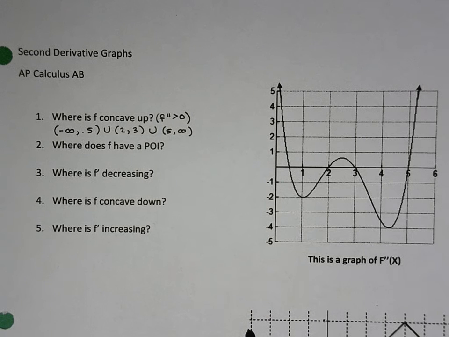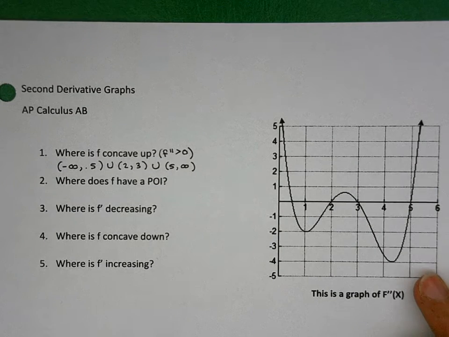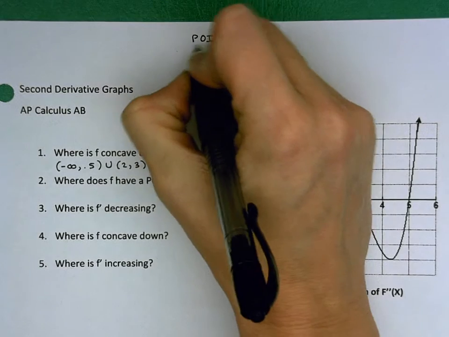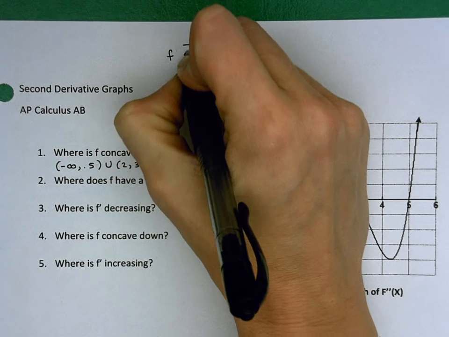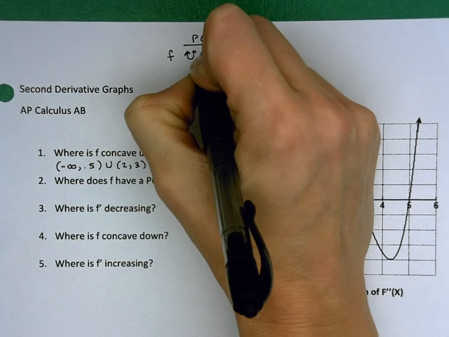So then we're on to number 2. Number 2 asks us, where does f have a point of inflection? For this one, it's helpful to address what the definition of a point of inflection is, so I'm going to write this up here. Point of inflection, just as a reminder, is where our function changes concavity. It was concave up and becomes concave down, or vice versa.